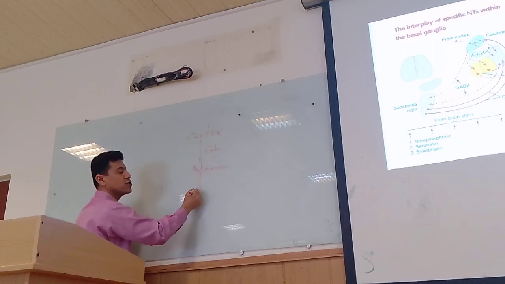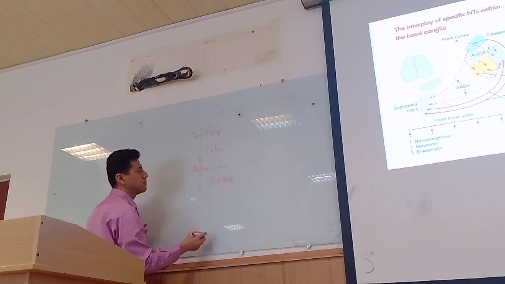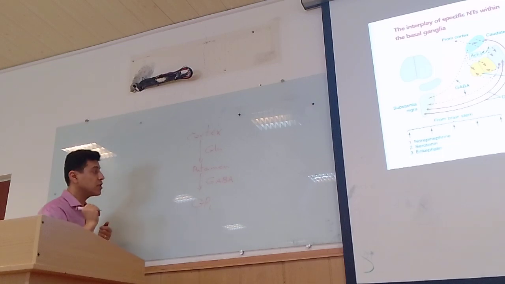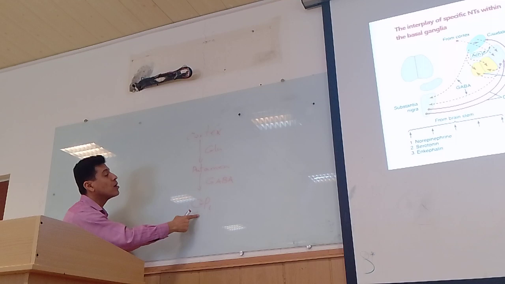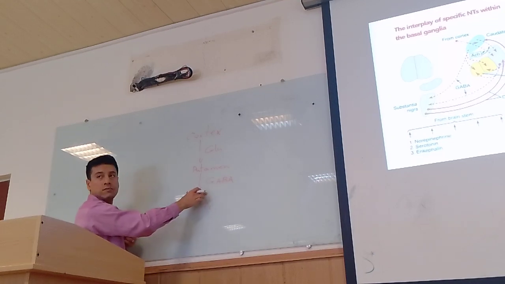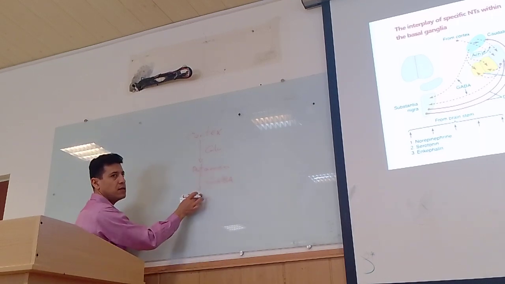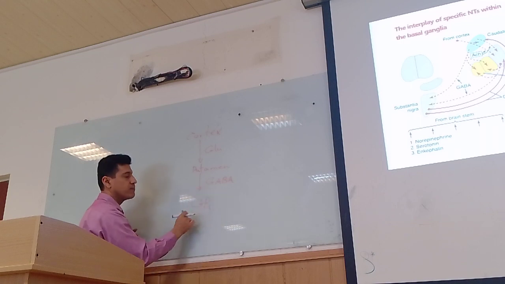This one is GABAergic and releases GABA in the globus pallidus internal. It's not important which we know, GABA A or B. We have GABA A and GABA B receptors here. GABA activates GABA A and GABA B receptors, which inhibit these.